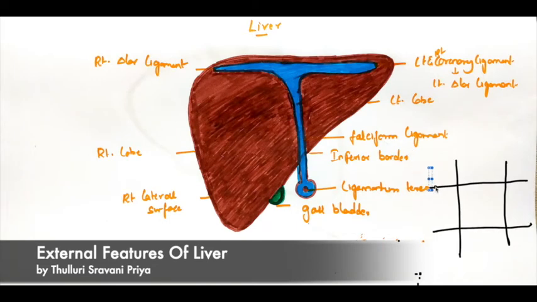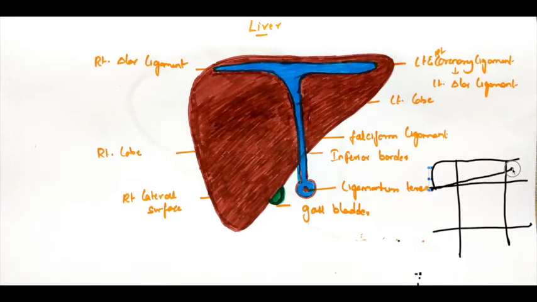You see the location of the liver. This is the right hypochondric, this is the epigastrium, and this is the left hypochondric region. So the liver occupies the right hypochondric part of the epigastrium, and it extends up to the left hypochondric region.